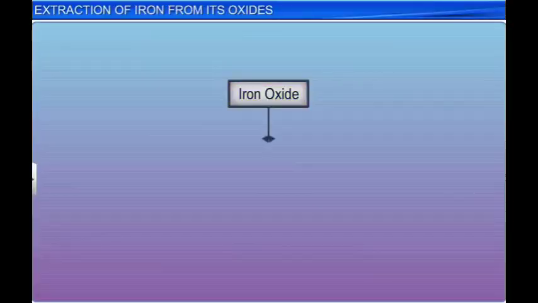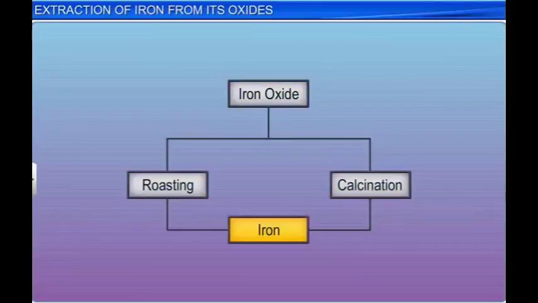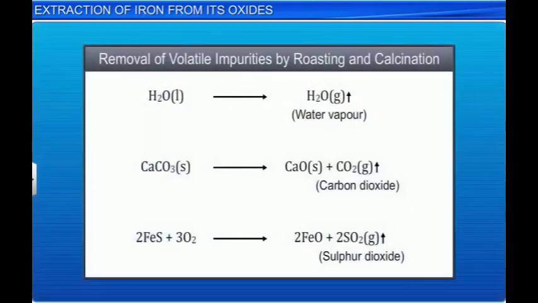Iron oxide, the ore from which iron is to be extracted, is concentrated by roasting or calcination so that water gets eliminated as vapor. Carbonate gets decomposed to carbon dioxide and sulfide gets oxidized to sulfur dioxide, as shown in the reaction.